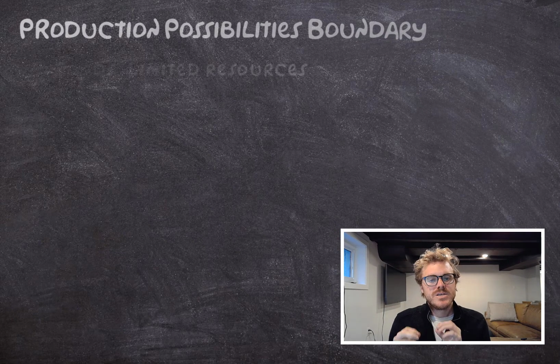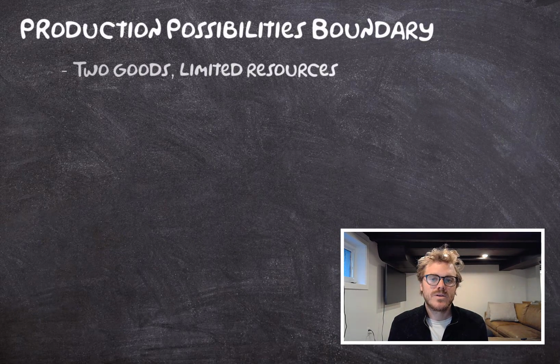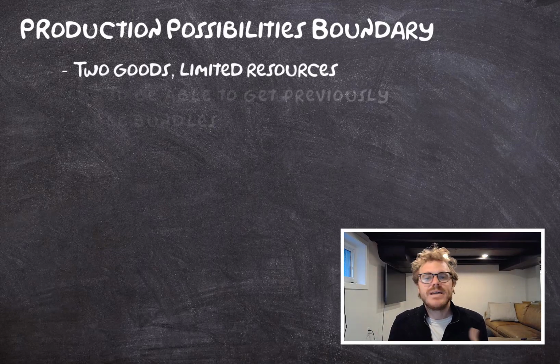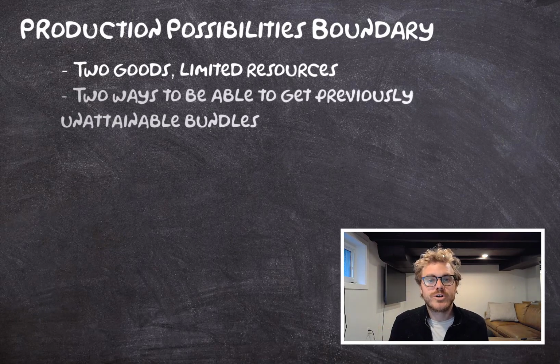Let's think back to our production possibility boundary. We had limited resources to satisfy our unlimited wants, or to accomplish our unlimited goals, which meant we had to make trade-offs. And there are some bundles of goods that we just couldn't produce. They were unattainable to us.